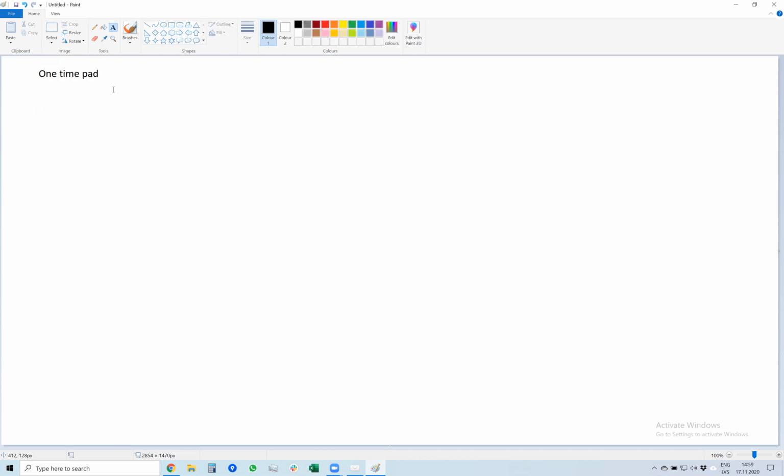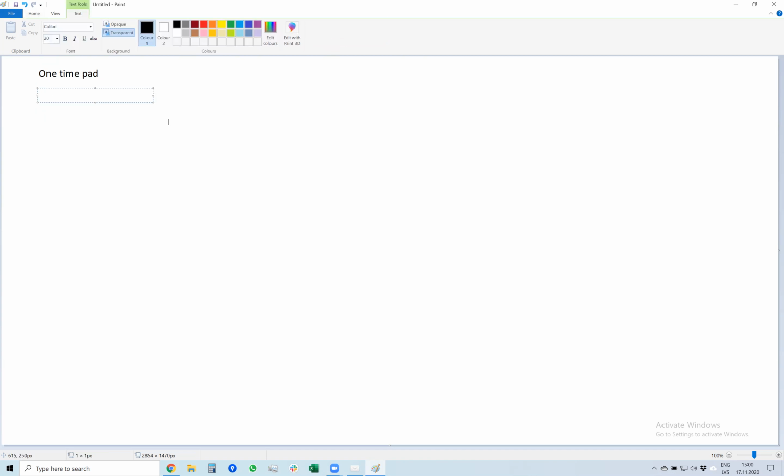Noise is often used to create random number streams. You take the last bit, it's changing all the time because of noise, and you just write it down. And you get a one-time pad, which is a random stream of ones and zeros.